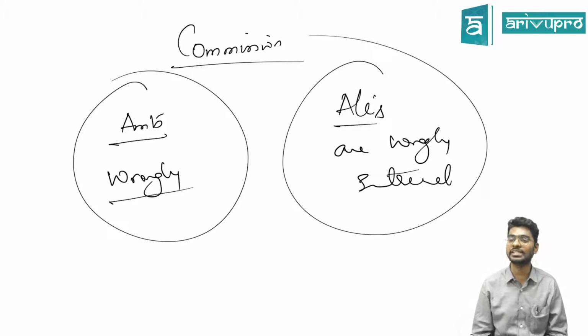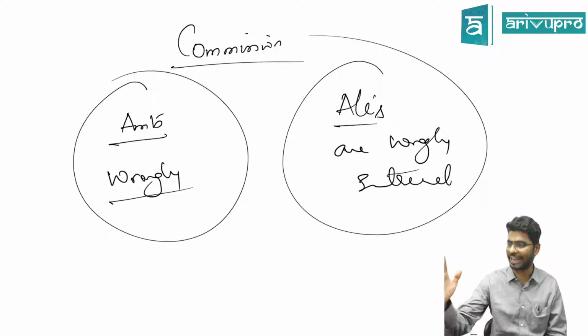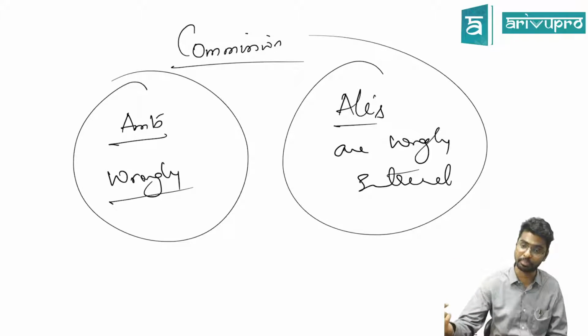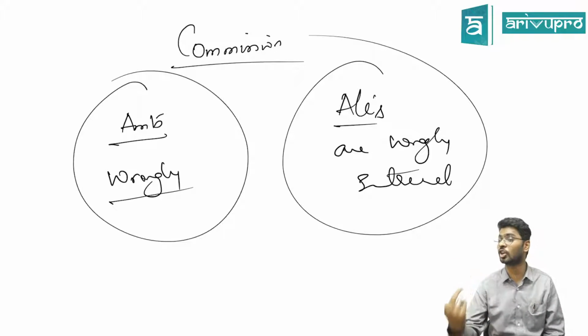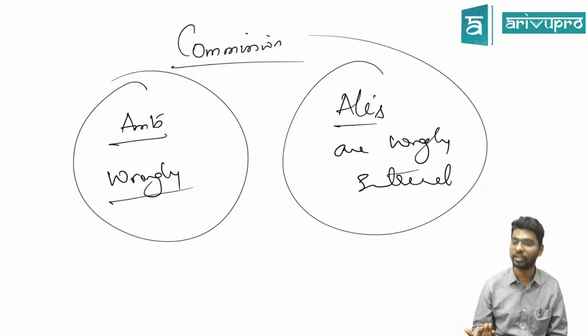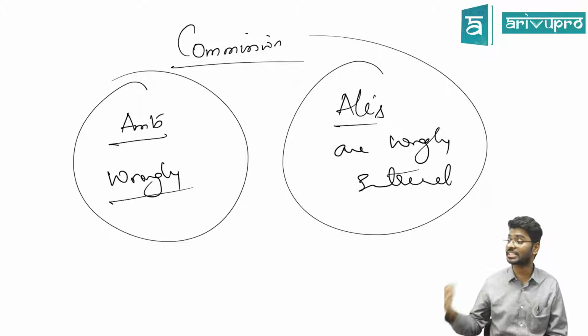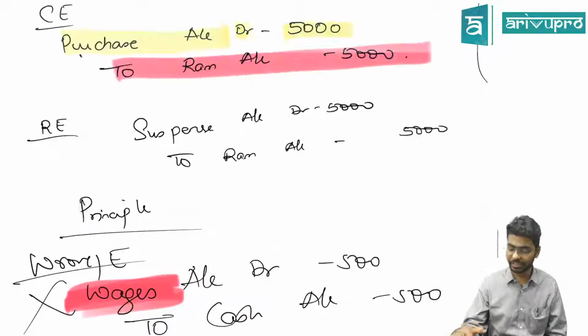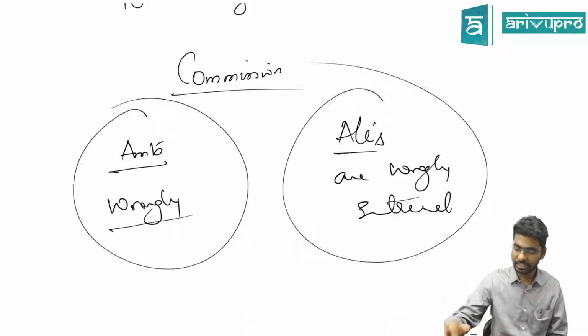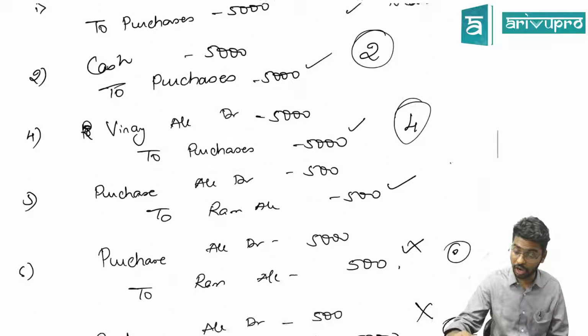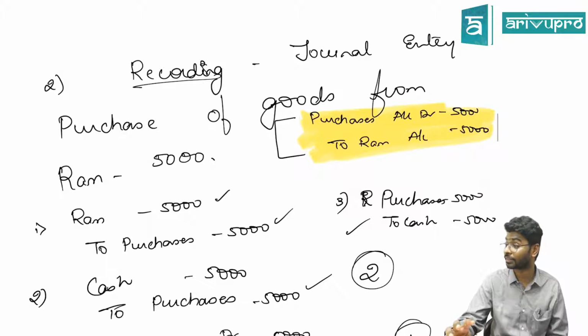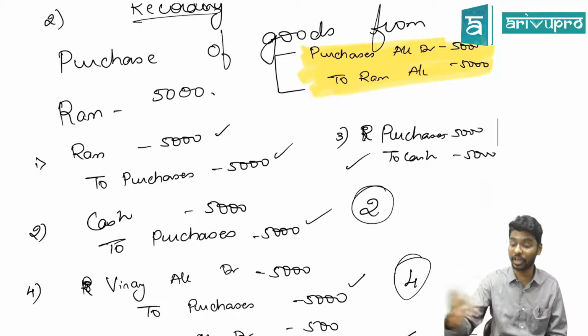But if there is an error of principle and error of commission, I always treat it to be error of principle first. Only if it does not satisfy error of principle, we treat it as commission. First preference is always given to which error? Principle. That's why, what does the definition say? If I have entered the wrong accounts or amounts. See here, I have entered wrong account.